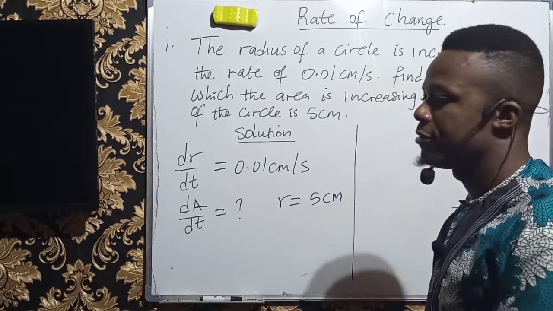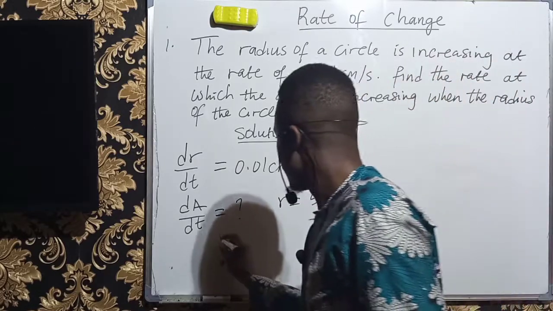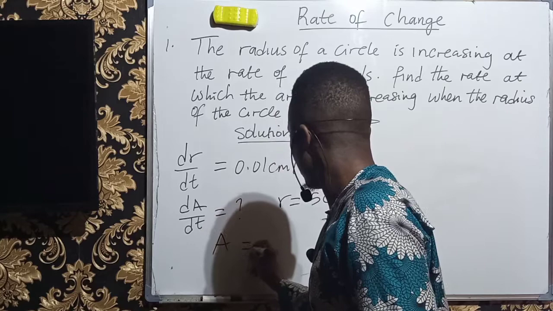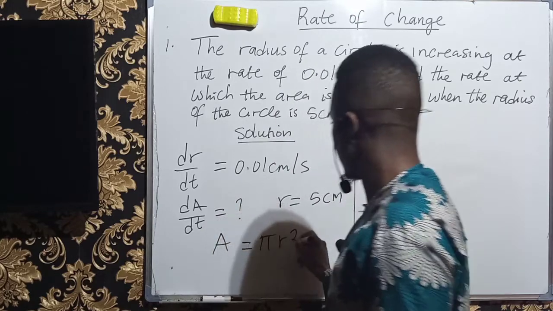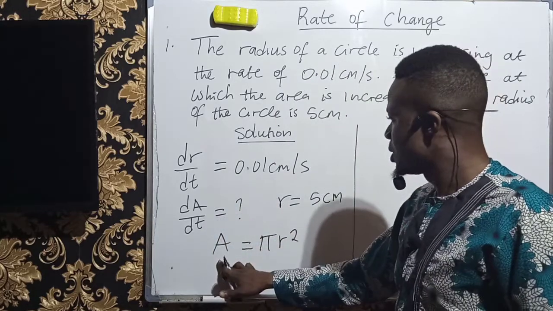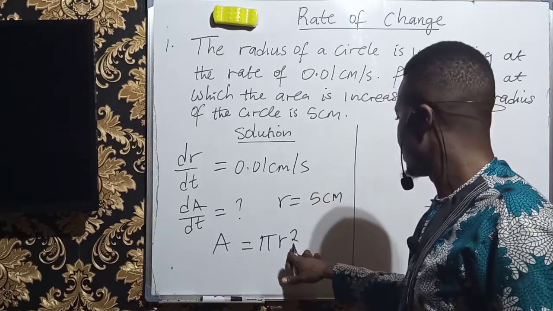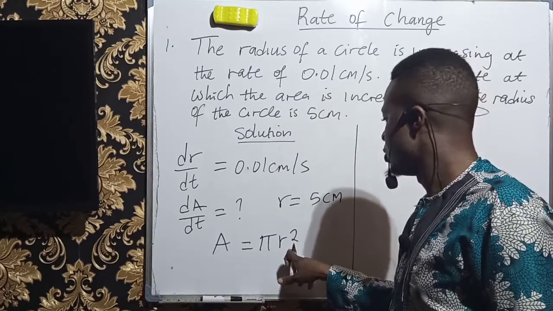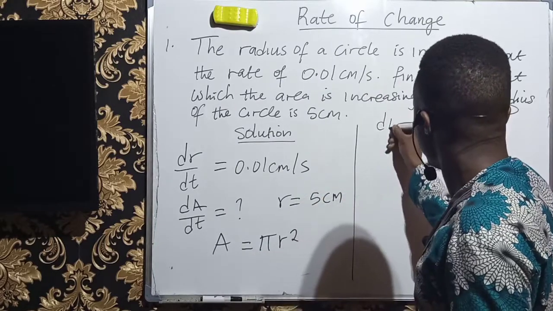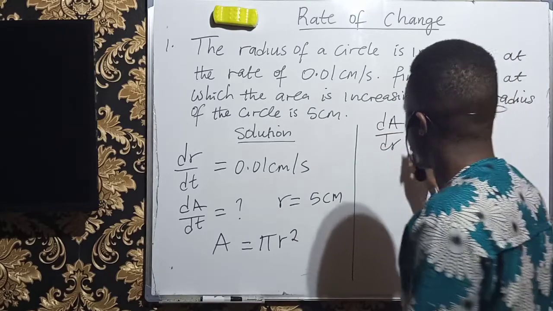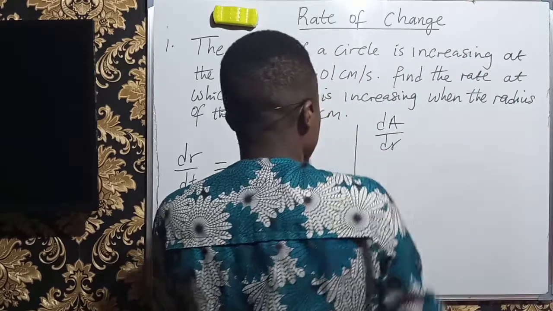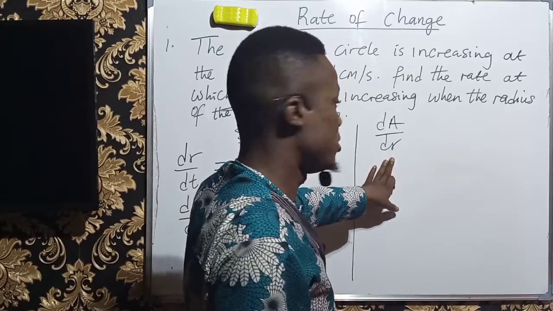Now, what is the formula for the area of a circle? The area of a circle, area A, equals pi r squared. So the rate at which the area increases with respect to the radius will now be dA over dr. That is the rate of change of the area with respect to the radius.